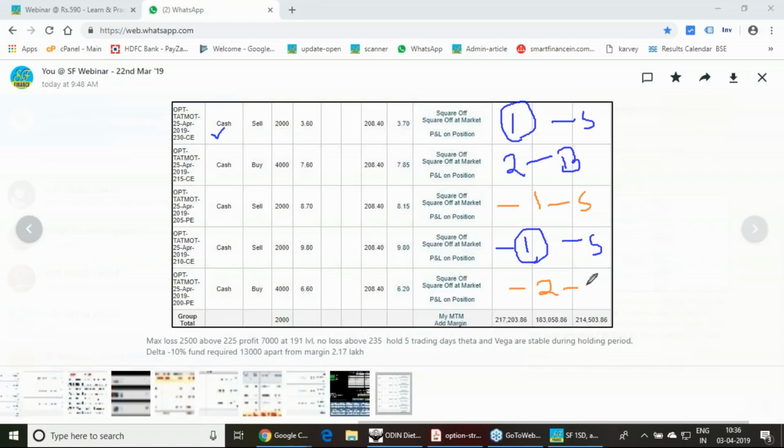You are selling 205 put option, 1 lot sell, and here you are buying 200 put option, 2 lots. So by this process your total capital investment will be 2 lakhs 17,000 margin. On top of that you require 12,000 rupees also.